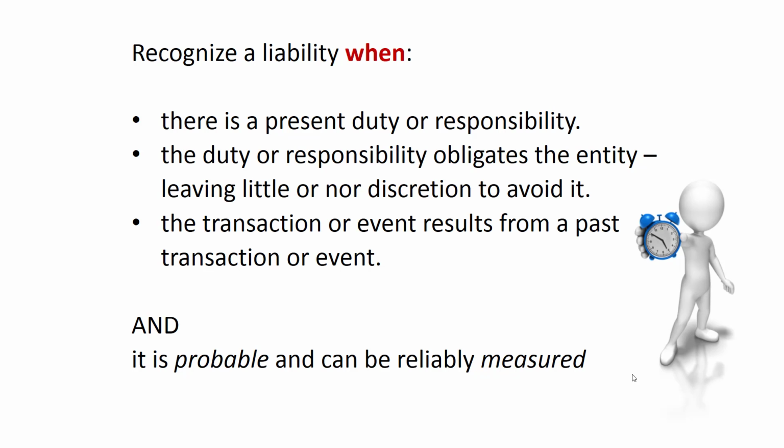The duty or responsibility obligates the entity, leaving little or no discretion to avoid it. And the transaction or event results from a past transaction or event. In other words, it's already occurred. So I want to quickly examine some of the common liabilities that are covered in this chapter using that filter.